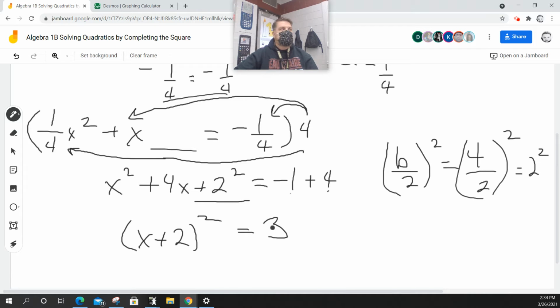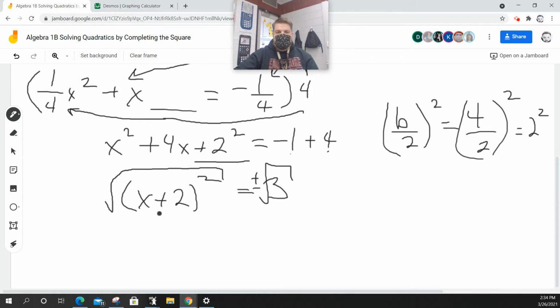What do I do next? Nope, can't do that. It's still part of the square. Yep, I got to take the square root of this and the square root of this. Now remember, when I take the square root on this side, you got to do the plus or minus. So then this becomes x plus 2 is equal to plus or minus the square root of 3.